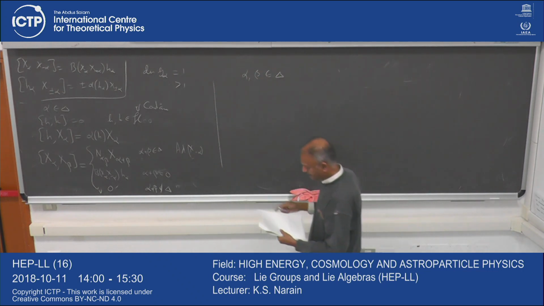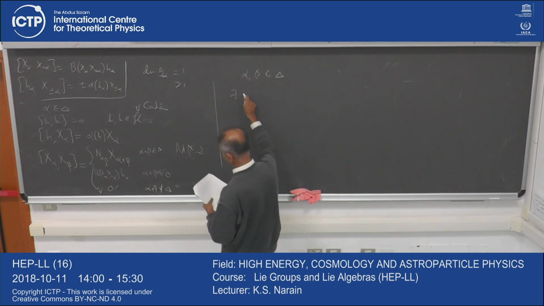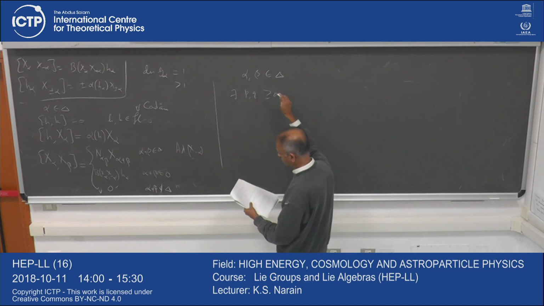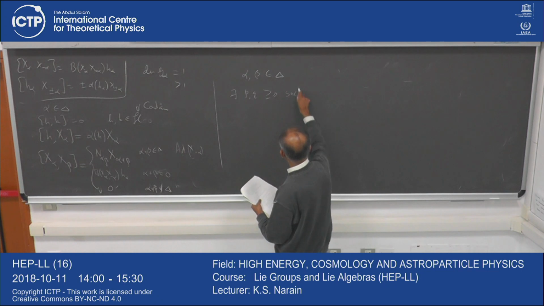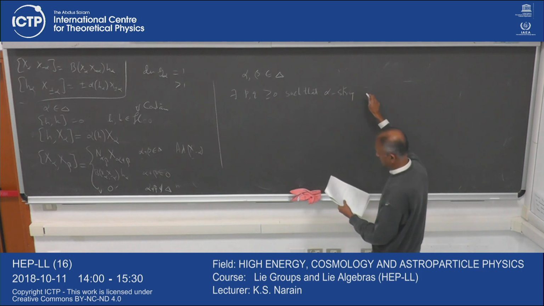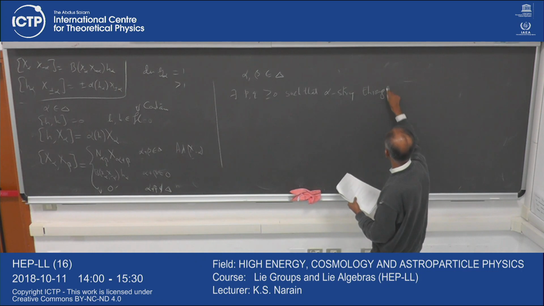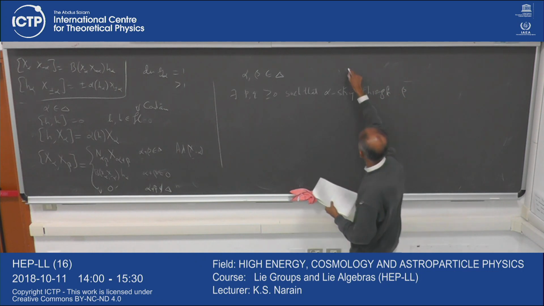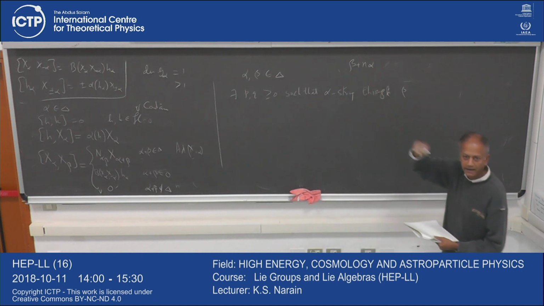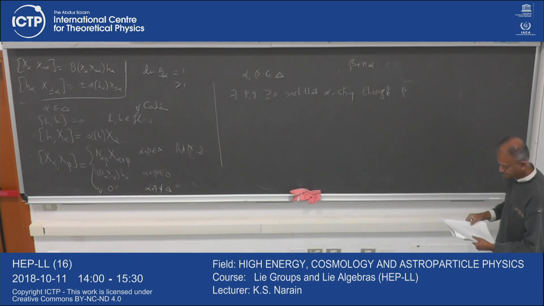Then there exist some integers p and q, greater than or equal to 0, such that the alpha string through beta, passing through beta, and I remind you again, through beta means we're looking at all the roots of the type beta plus n alpha. So that's what I mean by alpha chain going through beta.